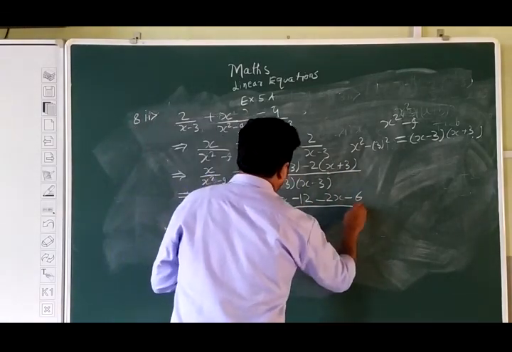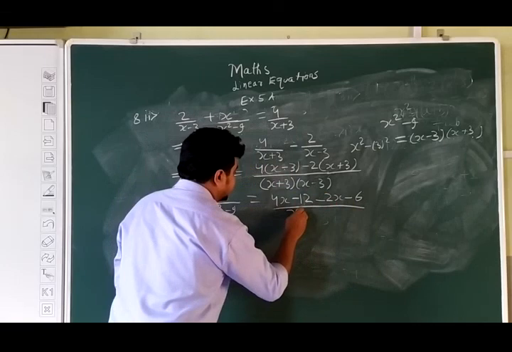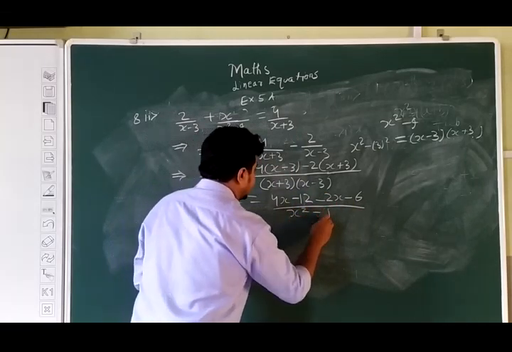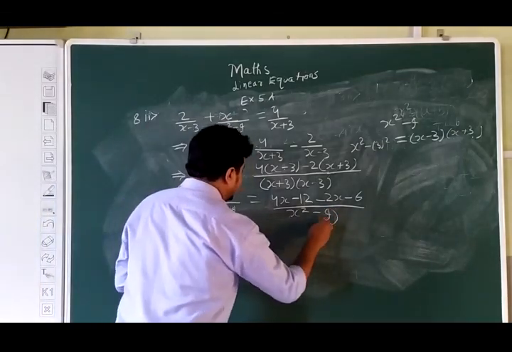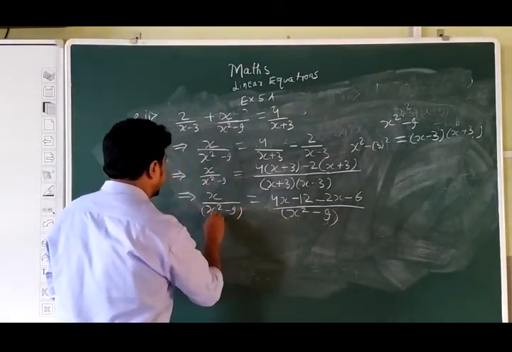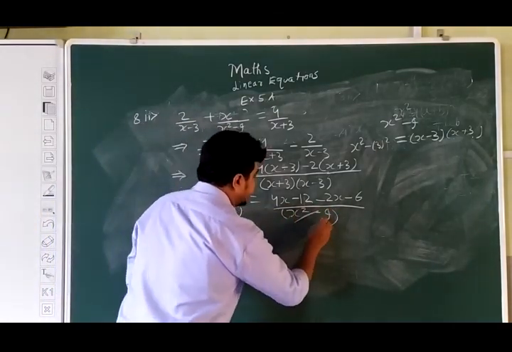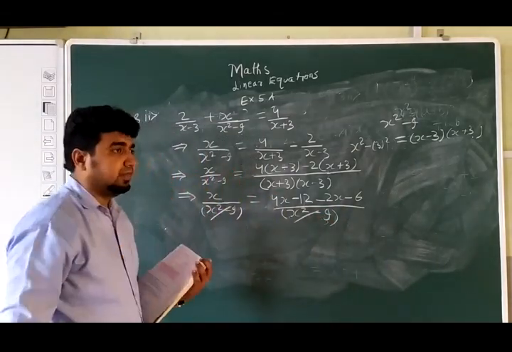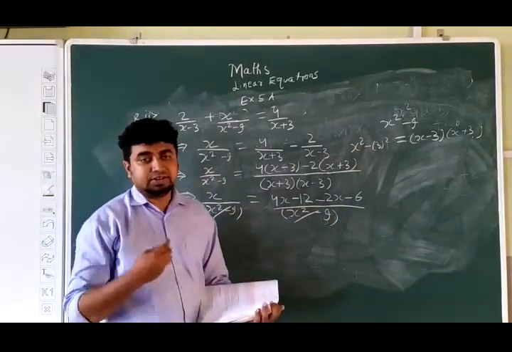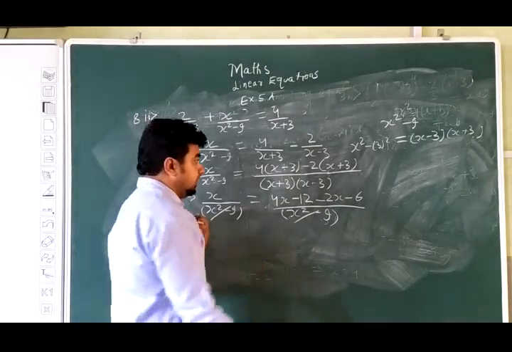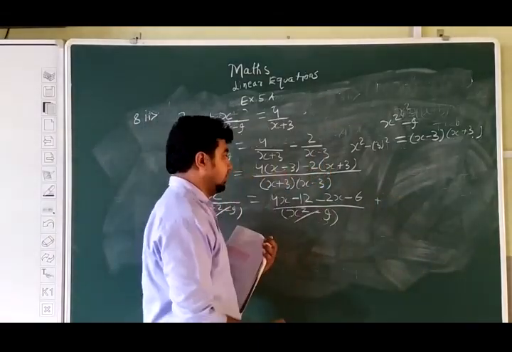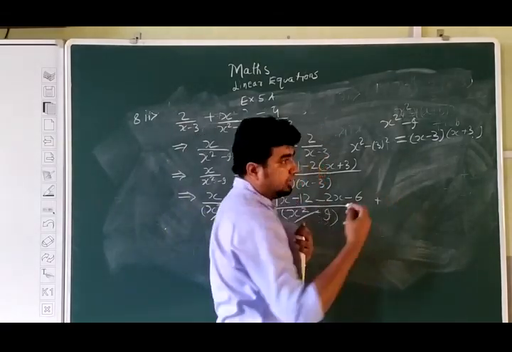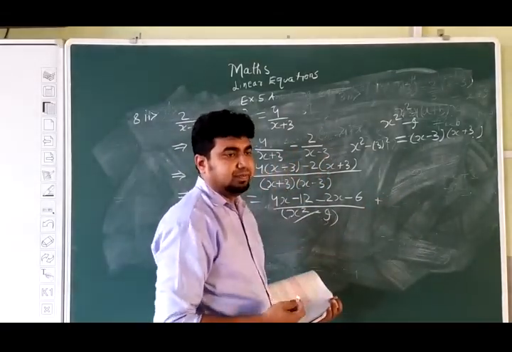This is a square minus b square, x square minus 9. So from here these two terms will be getting cancelled. Directly the denominator we can cancel because this will be going in the numerator. So we can cancel directly the denominator. If it is not connected by plus 2 or minus 2 or any term, if it is connected, then we have to take the LCM first, then we can cancel.